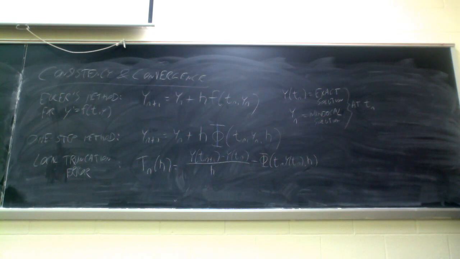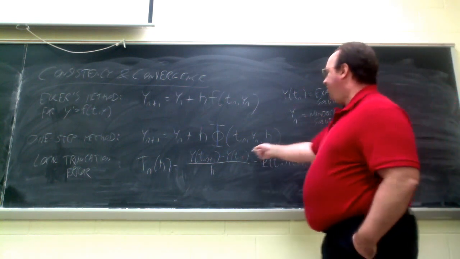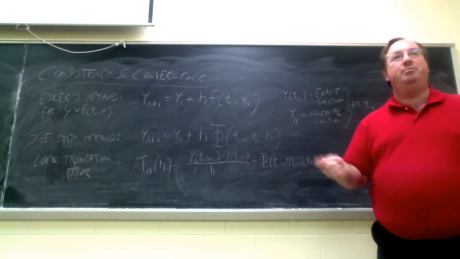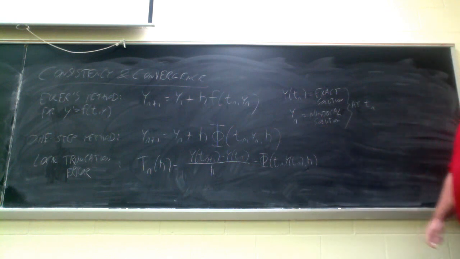So you see what's happening in the definition of the local truncation error. Basically, I'm plugging in the exact solution into the numerical method. And since y_n is supposed to approximate y(t_n), the local truncation error ought to be small. Smaller the better.